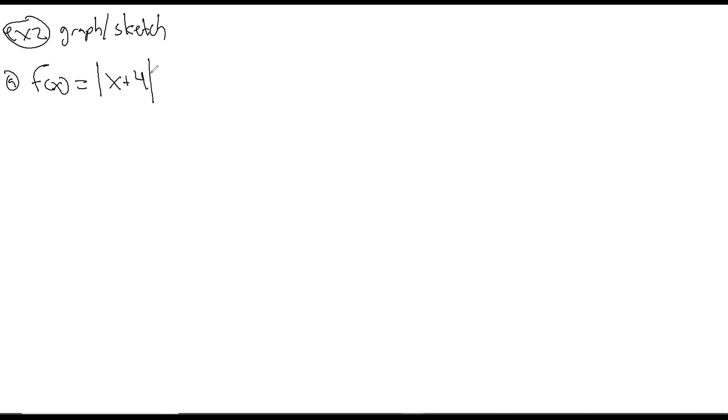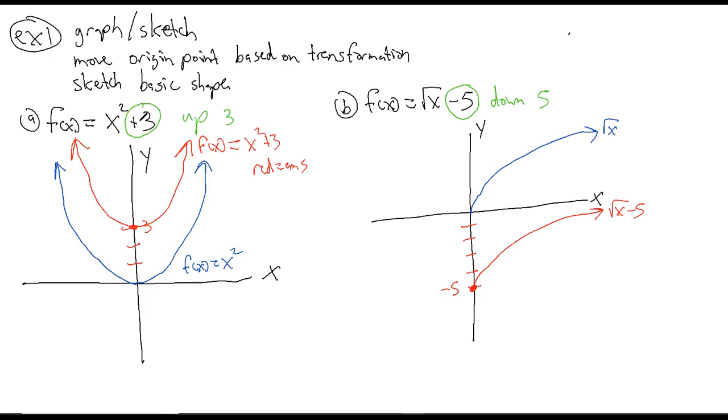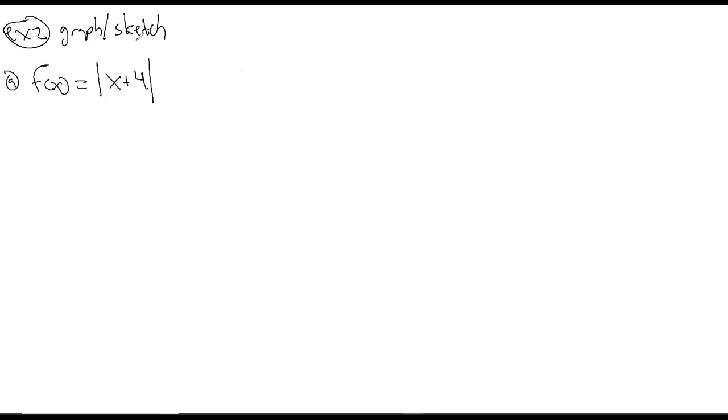Can you see what I mean by inside versus outside? Let's go back to example 1 for a hot second. This plus 3 and this minus 5 were away from the basic shape that we have memorized, square root of x, x squared. With this example, this plus 4 is not away from that.